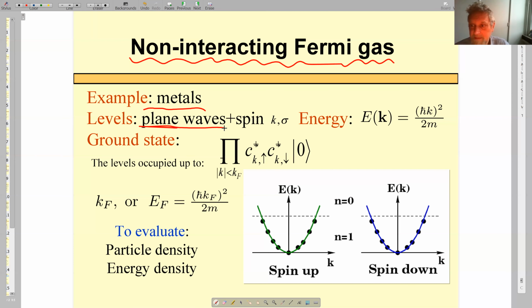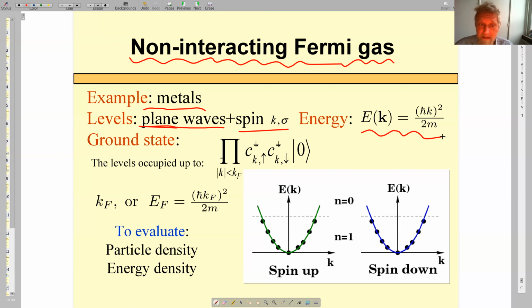And of course, fermions have spin, and spin will be, for a change, very important for us in this lecture. What's the energy? In solid state physics there are different spectra, because a periodic potential can substantially modify the spectrum and make it very anisotropic.